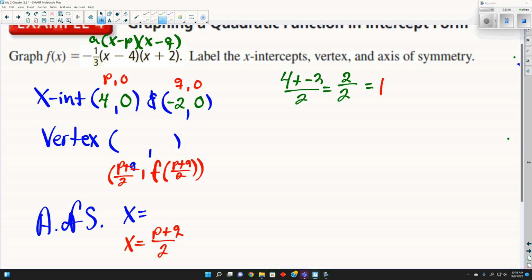I don't know what it is with these problems. They like picking... Incidentally, it's just working out that these are 1. Because again, it's possible to have fractions or decimals for these here. So the axis of symmetry is also 1.